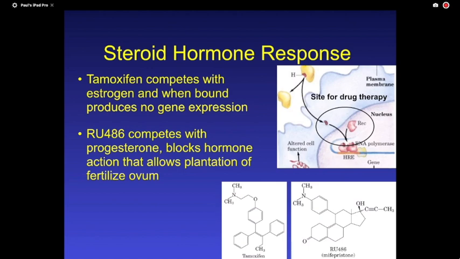RU486. This compound right here was one of the compounds that my major professor, when I went to grad school, was about to look at in terms of the synthetic pathway. And so my project would have been to work on this. And I had a problem with that, an ethical dilemma about thinking about that.